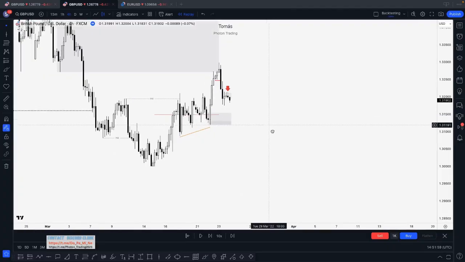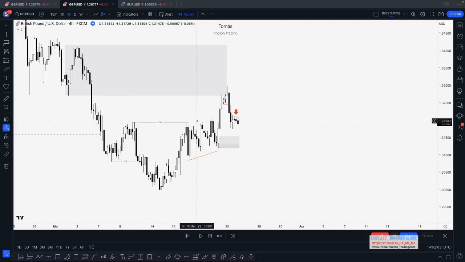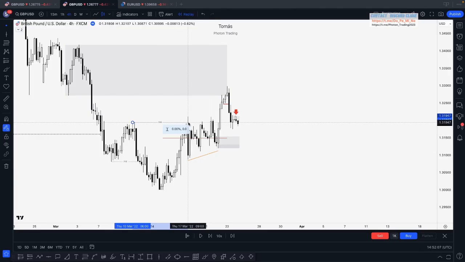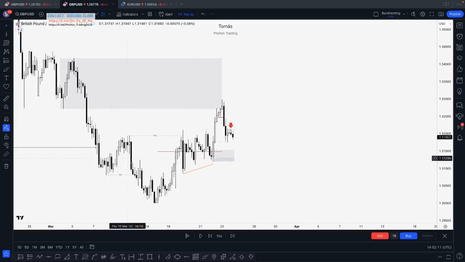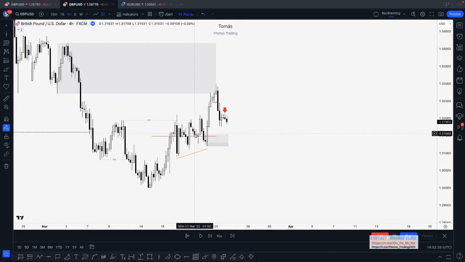So on the H4 we can see that daily BOS bearish, then H4 BOS bullish. Okay, the BOS is here. I just mark here because it's clean, but you can just extend. So H4 BOS bullish, pullback happens. Perfect, everything is nice. Now that the daily mitigation is completed, I have two things.